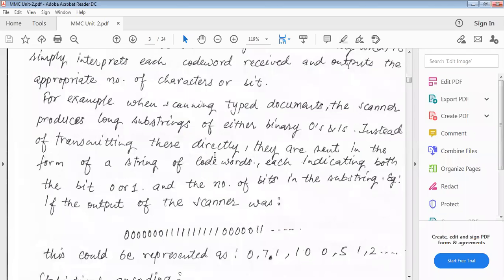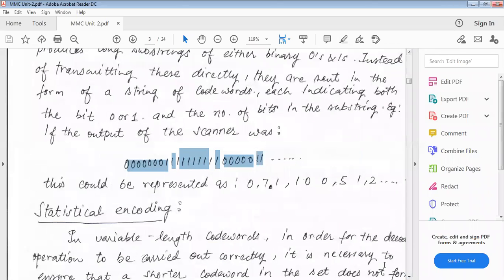In total, the number of bits in the substring, in the example they have given, is some long substring: 0 0 0 0 0 1 1 1 1 1 0 0 0 0 0 1 1 1. This is called the long substring of code words. Instead of sending this, they make groups, like for 4 bits it is one group, for 3 bits it is one group, for 2 bits it is one group.